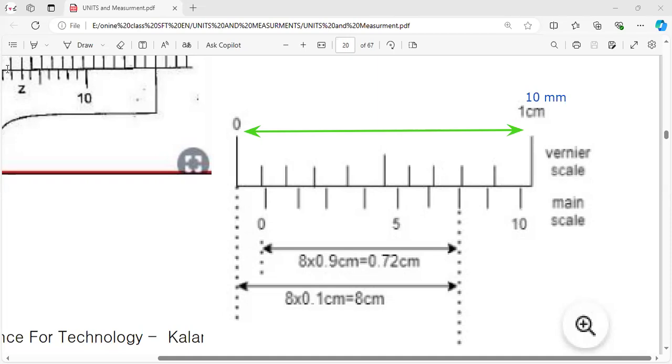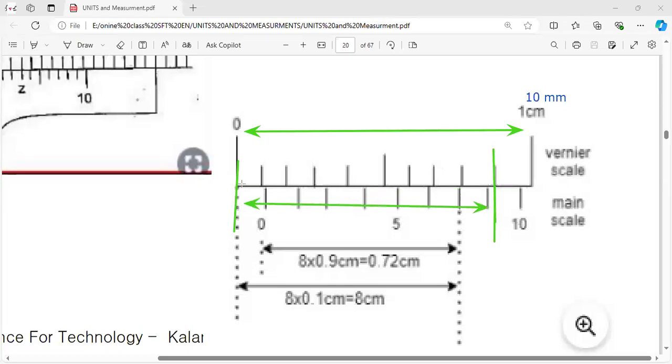Then you can take the vernier scale. In the vernier scale, you can take 9 parts from the main scale, from 0 to 9 millimeters, and you are going to divide that vernier part into 10 separate values.